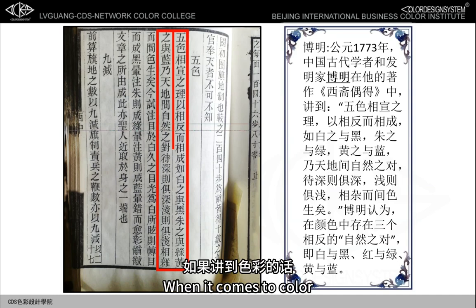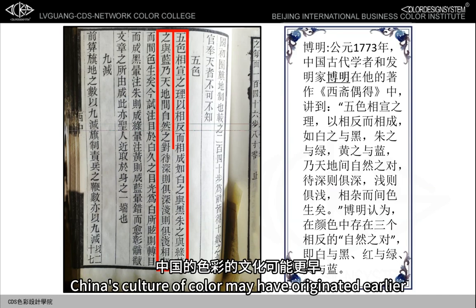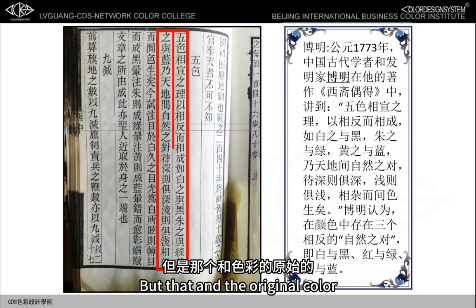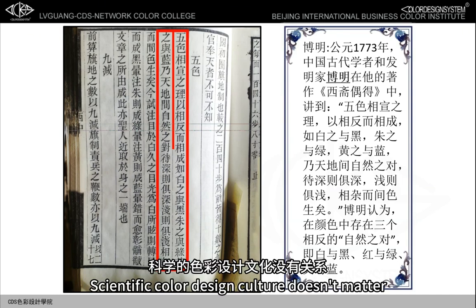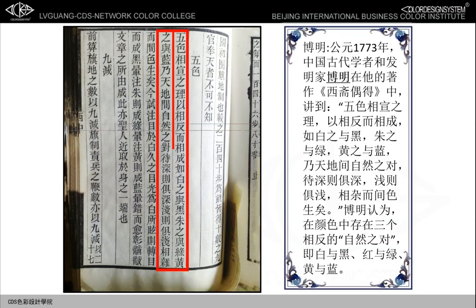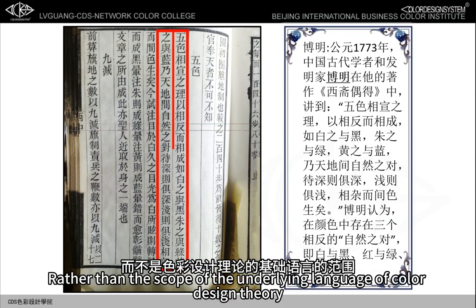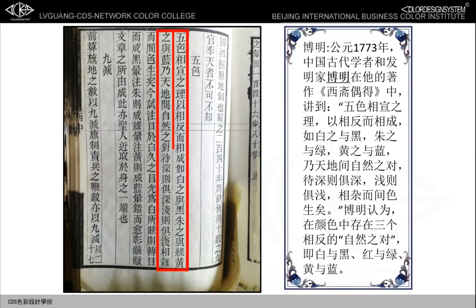When it comes to color, China's culture of color may have originated earlier. It was recorded earlier, but that and the original scientific color design culture don't matter. That's the realm of color culture, rather than the scope of the underlying language of color design theory.